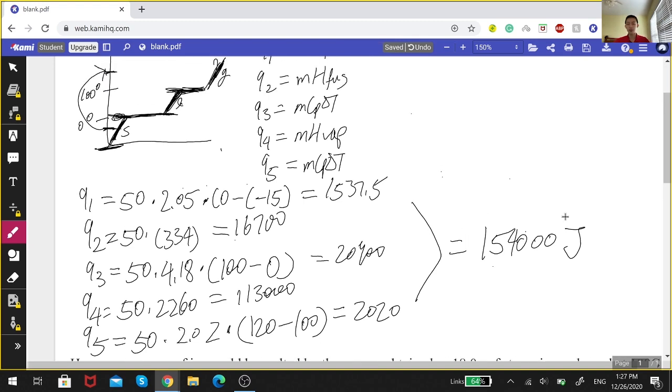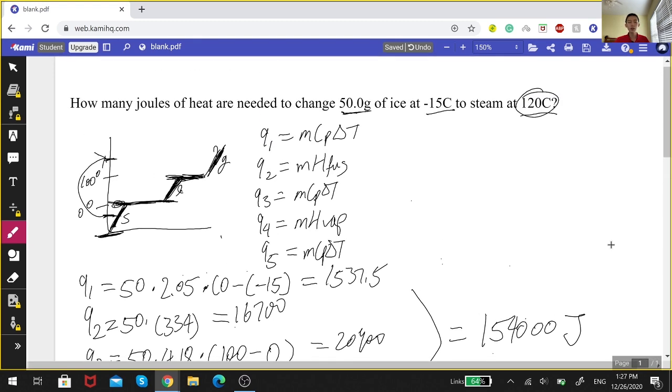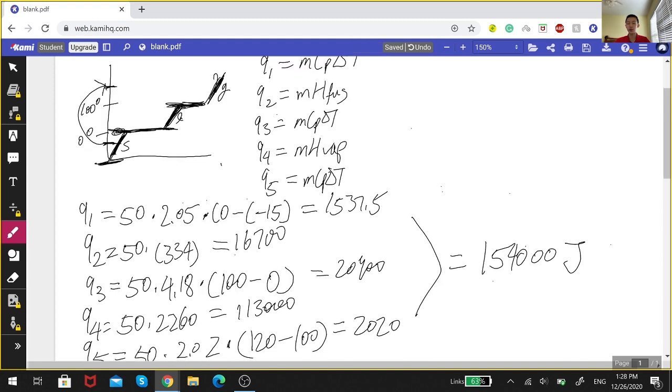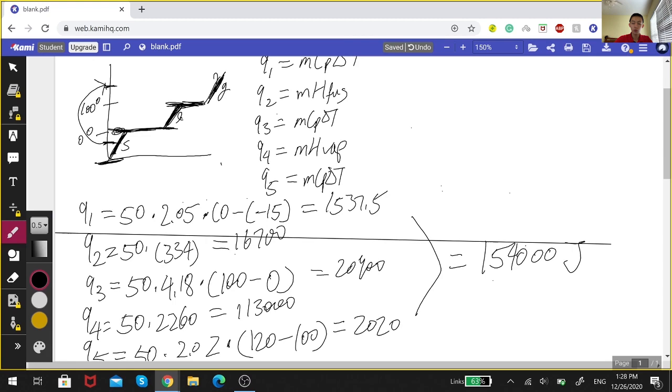We're increasing temperature. That means the amount of heat should be positive. If the temperature is decreasing, then make sure you remember to add a negative sign in front of joules. But this one, we're increasing temperature, so our final answer would simply be 154,000 joules of heat.